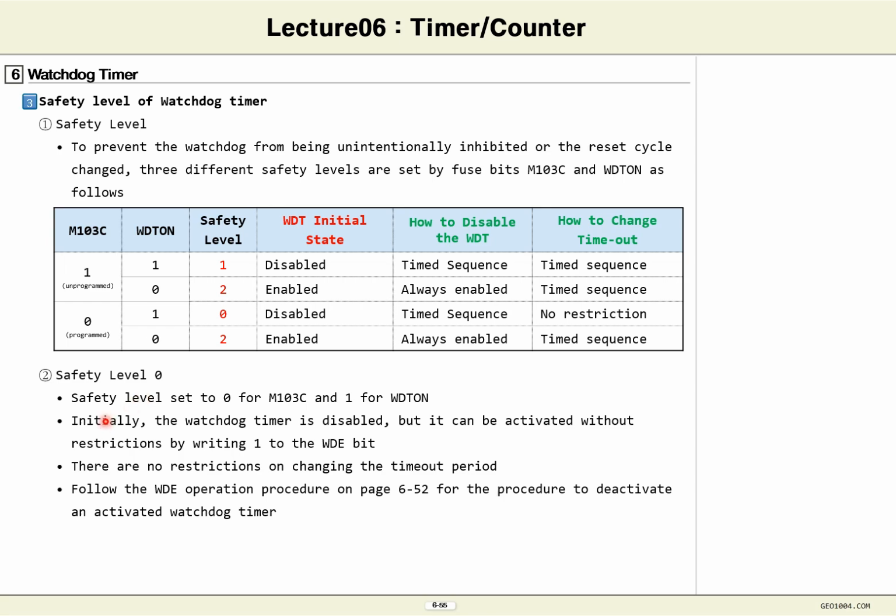If M103C is set to 0 and WDTON is set to 1, it corresponds to safety level 0. Initially, the watchdog timer is disabled.